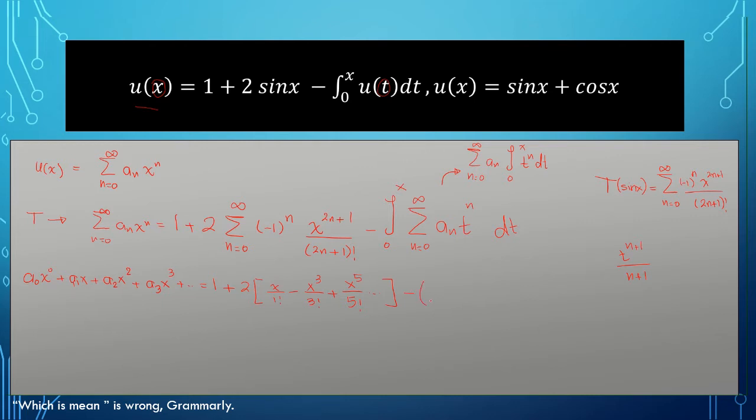So let's expand it. We have a0 t plus, put n equal 1, so we have a1 t squared over 2 plus a2 t raised to 3 over 3 and so on, and this is all from 0 to t.